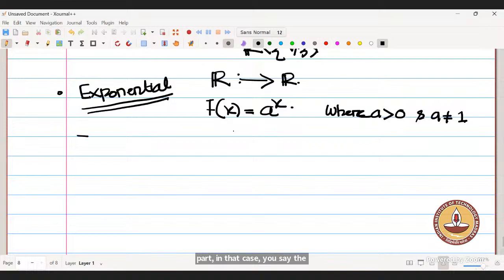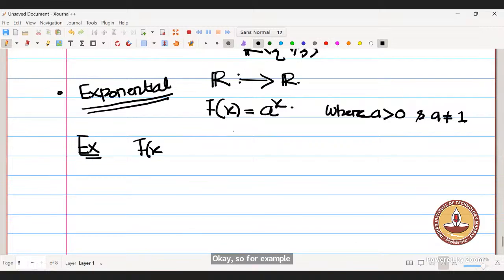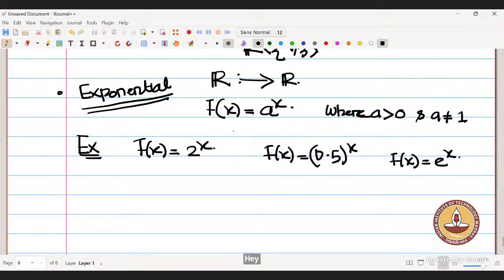For example, I can take f of x equal to 2 to the power x, or f of x equal to 0.5 to the power x, or f of x equal to e to the power x. All such functions are exponential functions.